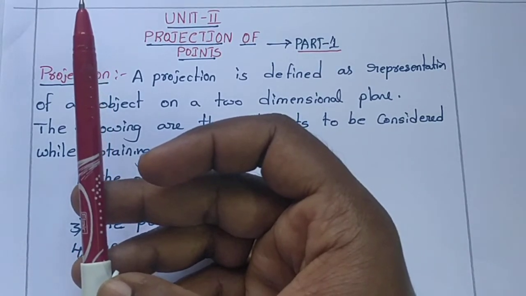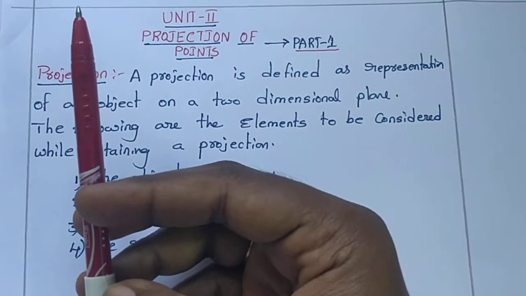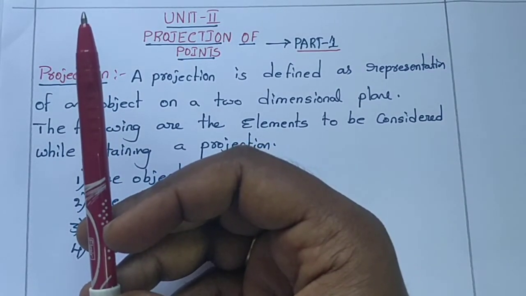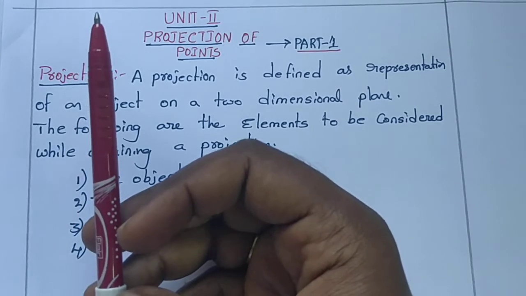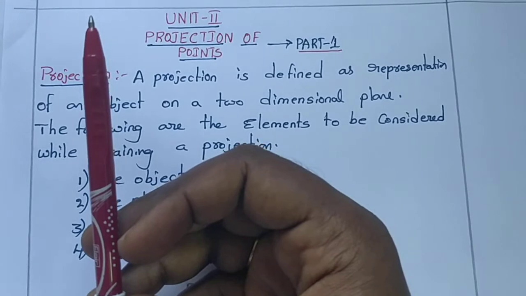So we need to draw the size, shape and details of the object on the plane. This helps during the manufacturing process.